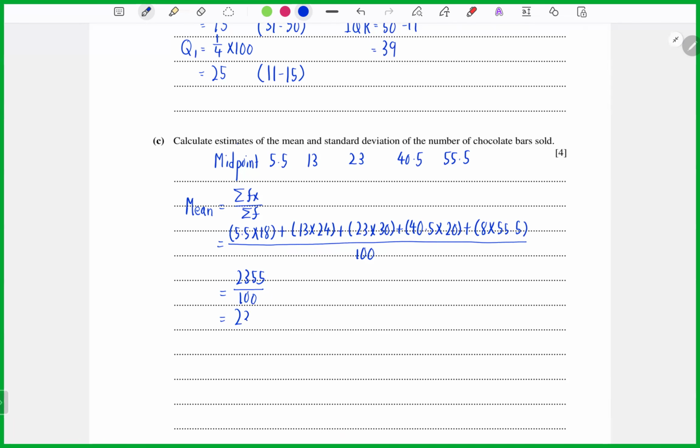So you will get 23.55. To 3 significant figures, 23.6.